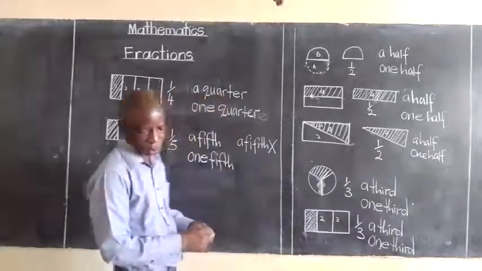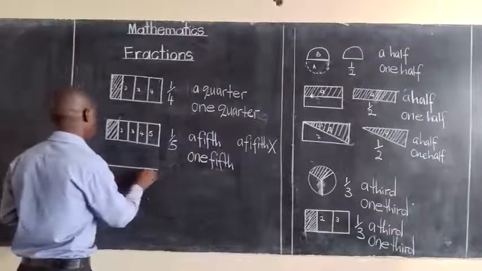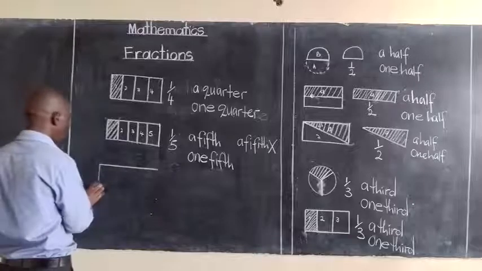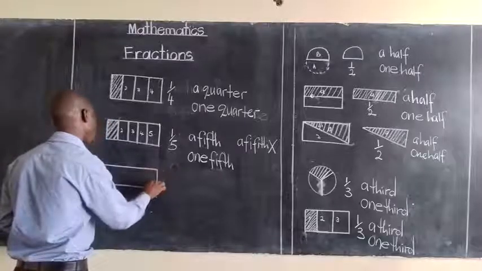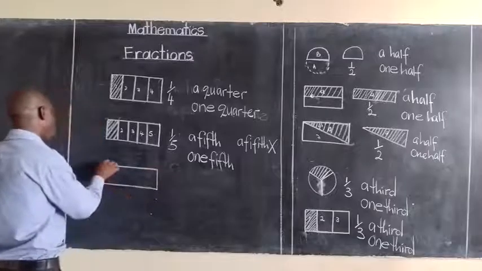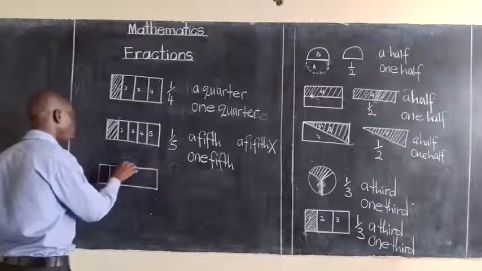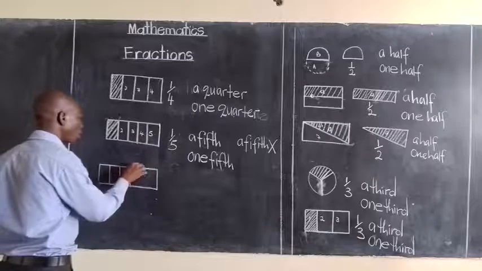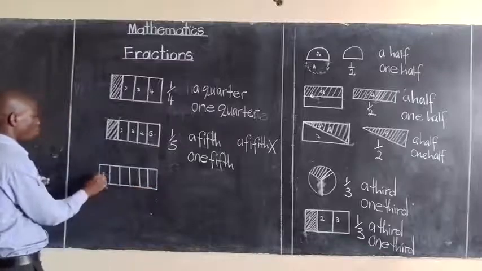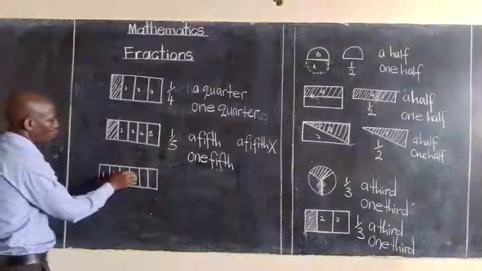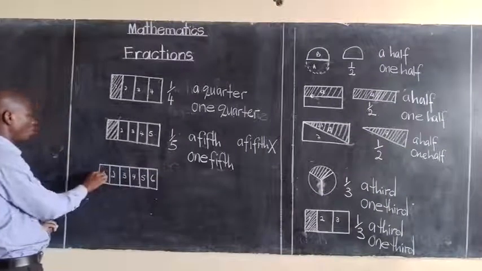Then, still better, we can have a whole divided into several pieces. This time we have 1, 2, 3, 4, 5, 6. And we are removing 1.